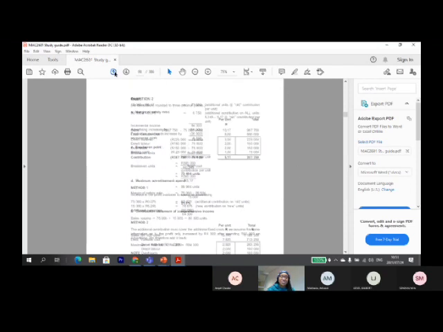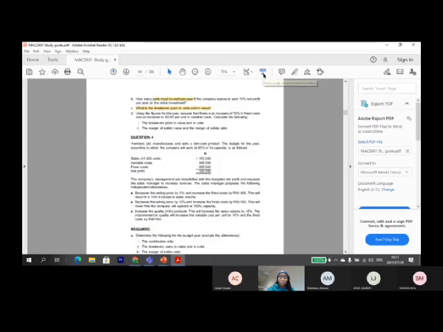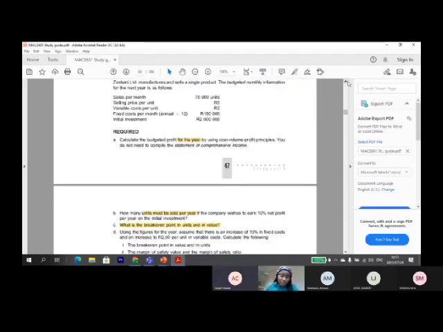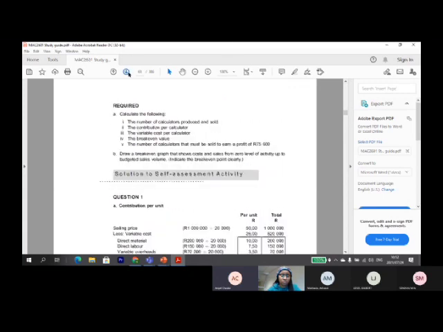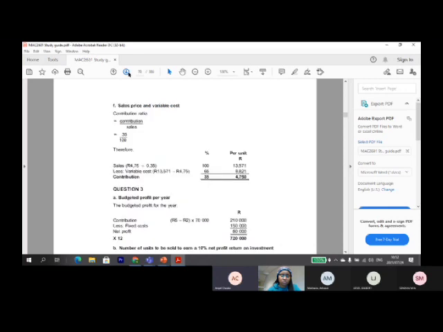Break-even units and break-even sales value. Did you get to it? All right, so the formula is fixed cost divided by contribution per unit. So I said our total fixed cost per annum is 1.8 million divided by 3 rand, which gave me an amount of 600,000 units per year. And then obviously per month you will divide that by 12.